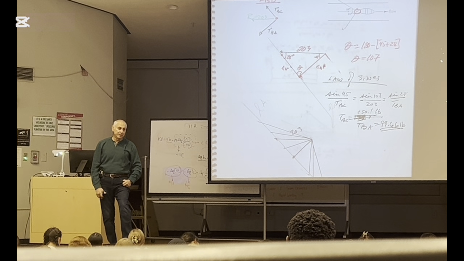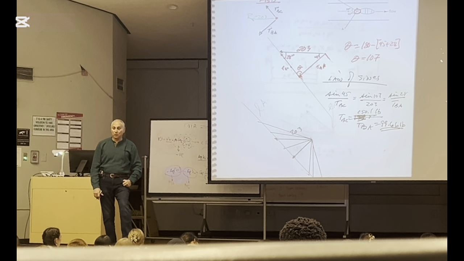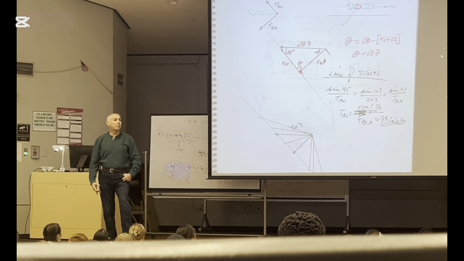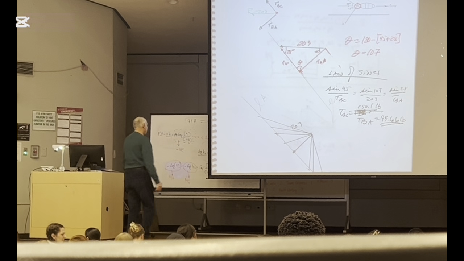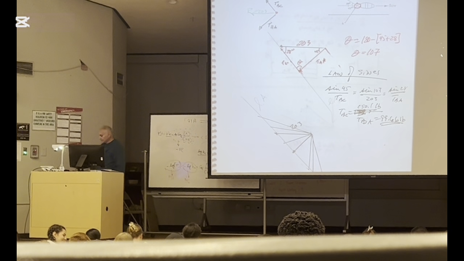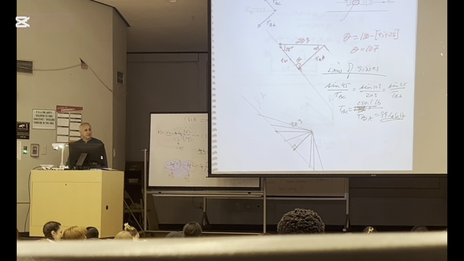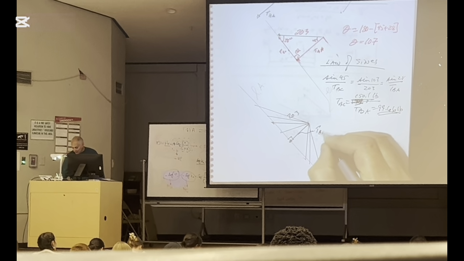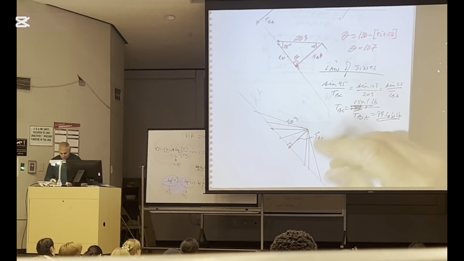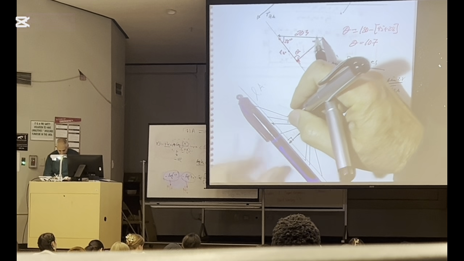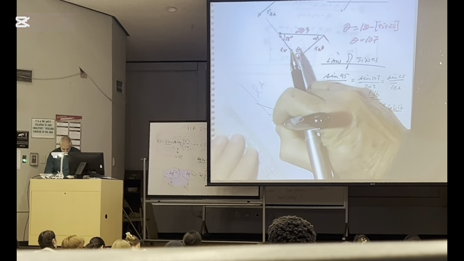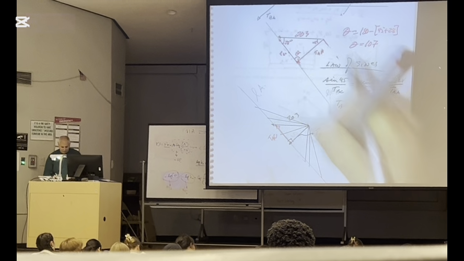Which one's the minimum? Which one looks like the smallest? The perpendicular, which is this guy right here. Yes? So this is my TBA to create a minimum. This is my BC to create a minimum.